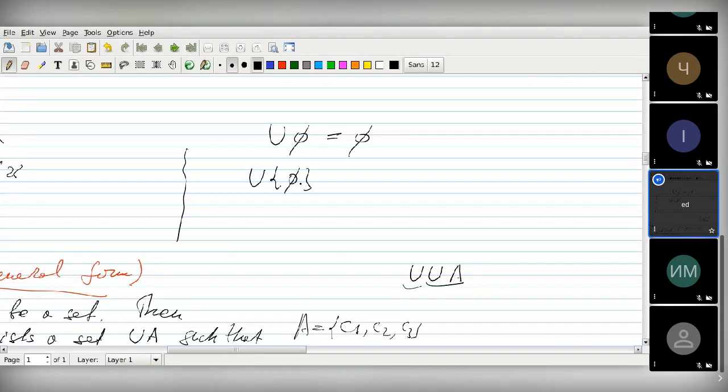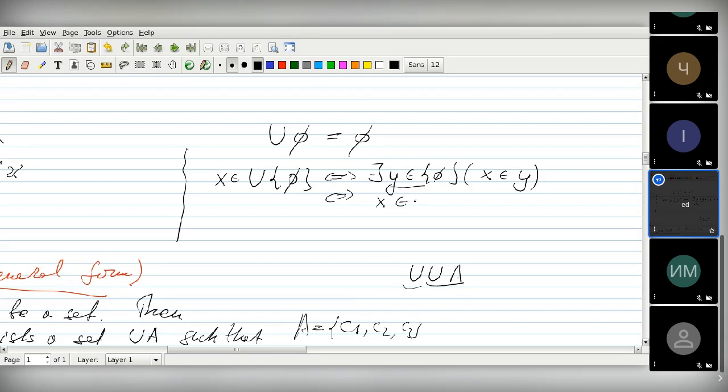What is the union of the singleton? X is in the union of the singleton if and only if there exists some Y, which is an element of this singleton, such that X is an element of Y. That is, the only possible value for this Y is the empty set.